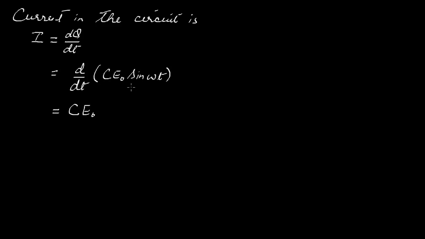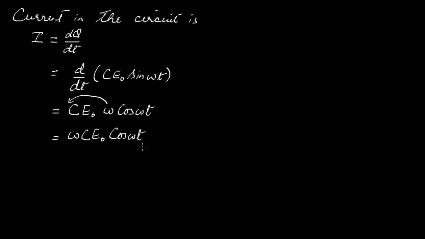And differentiation of sine, we know very well, is cos omega t, right? But then there's an omega out here. You will get omega cos omega t. Is it clear here? So I'm going to write this omega in front. So this will be omega C E naught cos omega t. So that is basically the current.